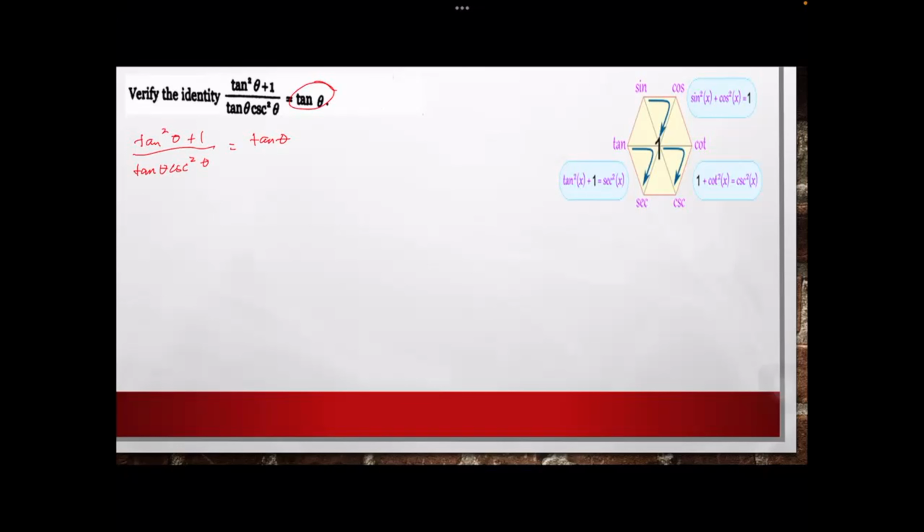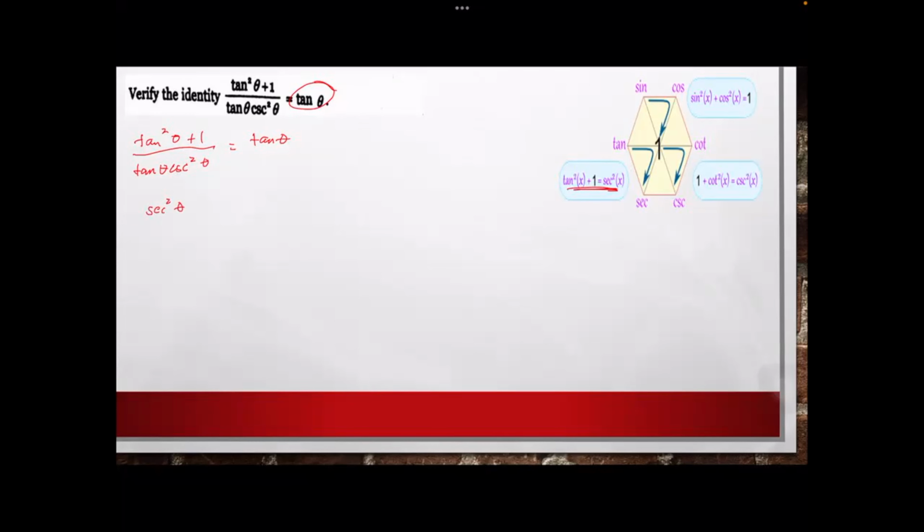Let's have the numerator on the left side. Ano yung possible na ipapalit natin kahit tan squared theta plus 1? Secant squared theta po. Okay, tama. So, magkakaroon tayo dito ng secant squared theta. Now, saan siya galing? Ito siya.